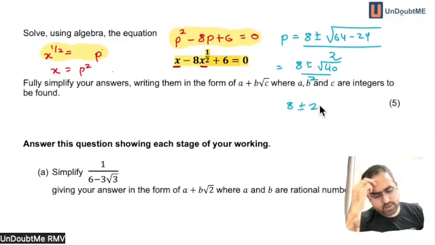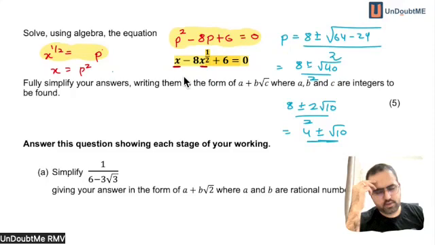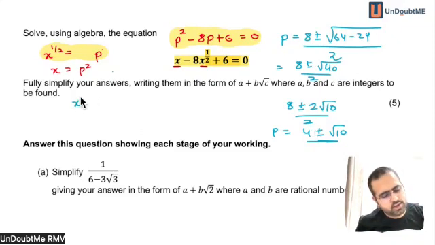So 8 plus minus 2 root 10 by 2, which can be written as 4 plus minus root 10. Now write your answer in this form. This is not the answer yet because this is the value of p. P is what we had introduced. So I got p as x to the power 1 by 2 is equal to 4 plus minus root 10.